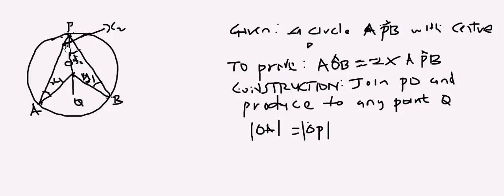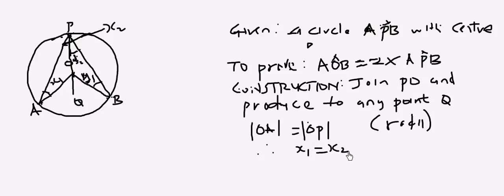We can also say that the reason for this is the fact that these are radii of the circle. So therefore, x1 is equal to x2. That means the base angles of an isosceles triangle are the same.